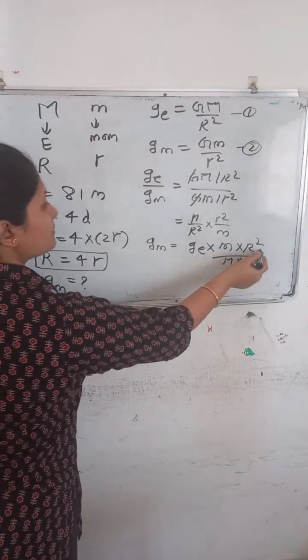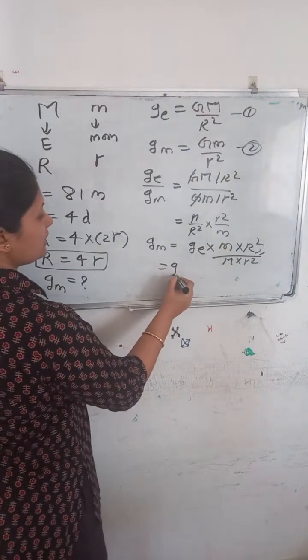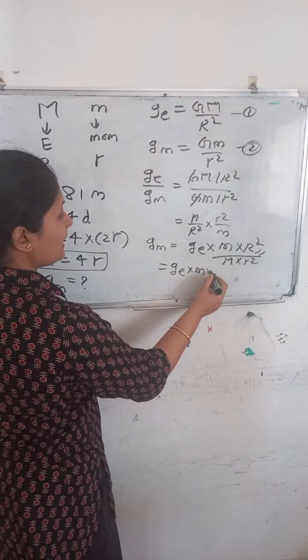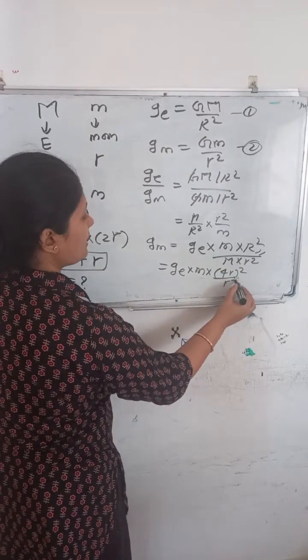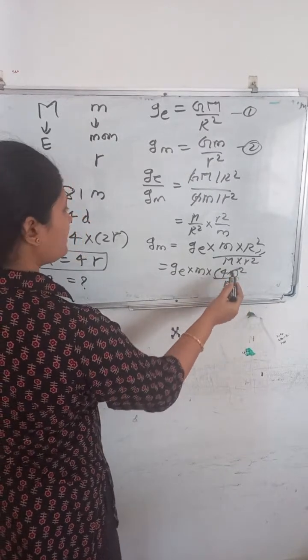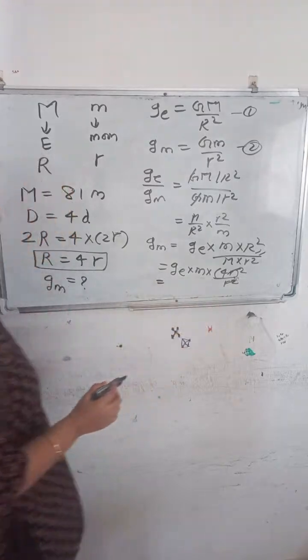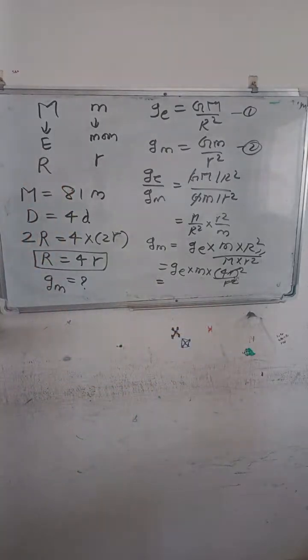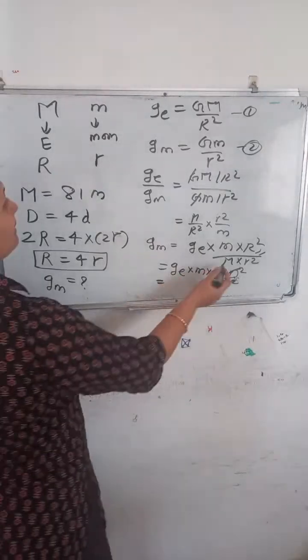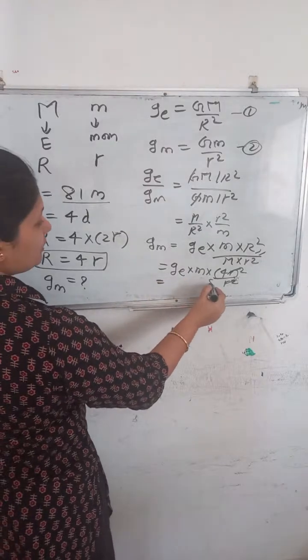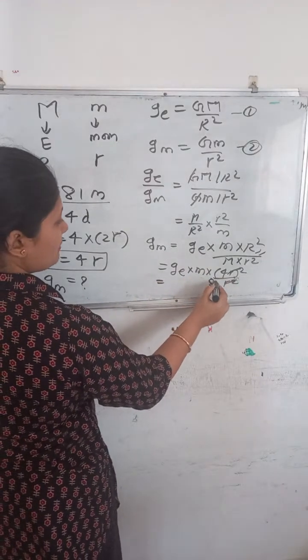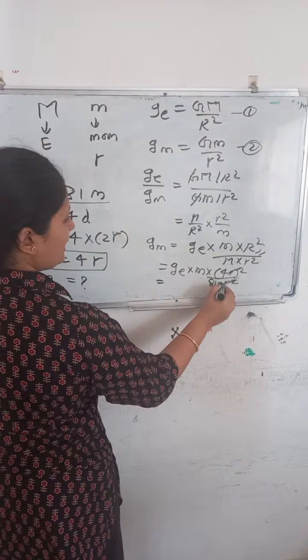So you can substitute here: g_e into small m, and 4 times r square upon r square. So this r square gets cancelled. 4 square is nothing but 16. And meanwhile the mass we got as 81 times, so we can write it here.